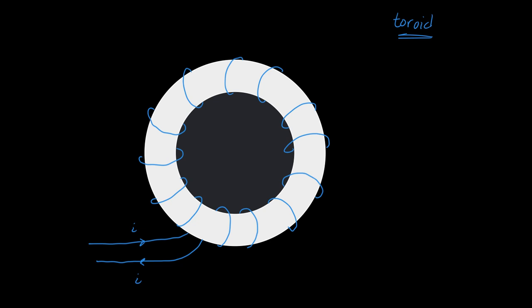So I want you to see if you can come up with a means of using an Amperian loop to determine the magnetic field inside a toroid. There are a couple of specifications I want you to use. I want you to assume that there are two R's that represent the inner and outer radius.